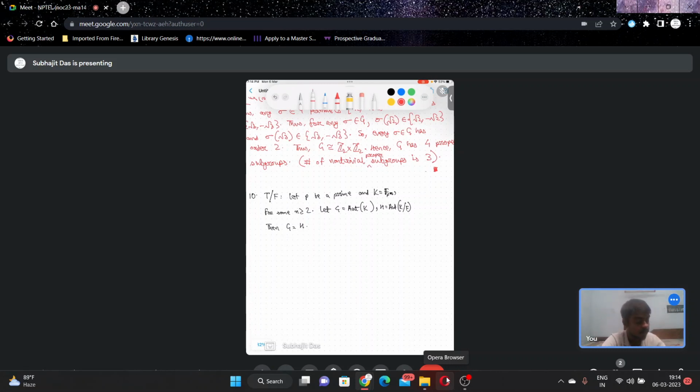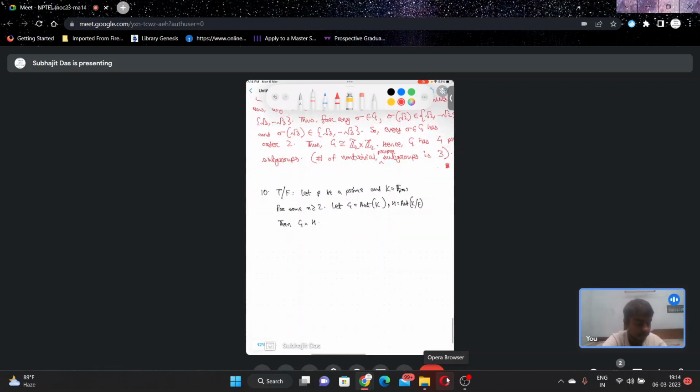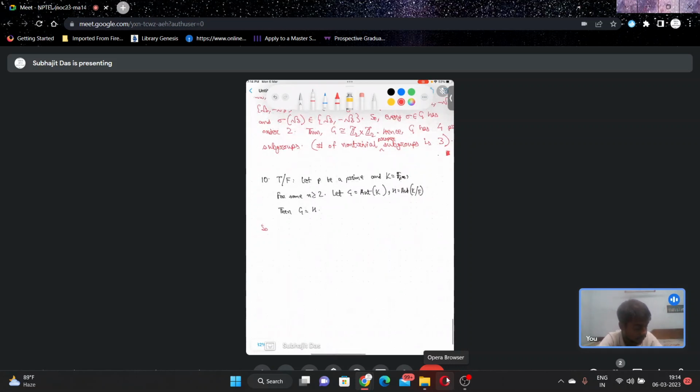So let us move on to our final question. We are given an arbitrary prime p, and the finite field K of order p to the power n for some n greater than or equal to 2.